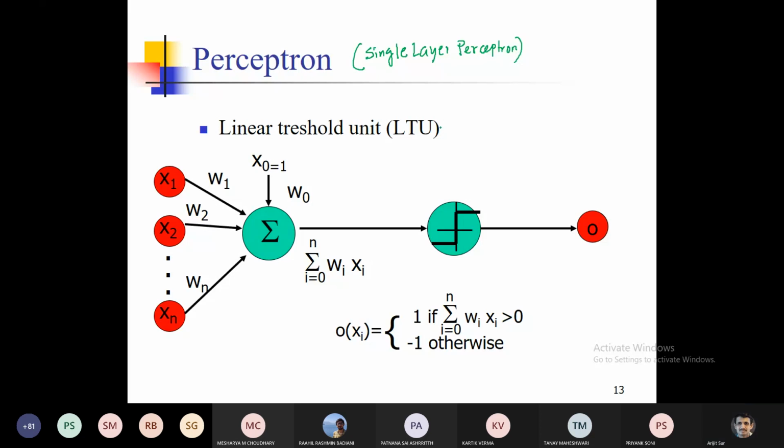As I said, there are n inputs, and each input is associated with a weight: x1 has w1, x2 has w2, xn has wn. And there is another input, which is generally called the bias. This is another special kind of input.